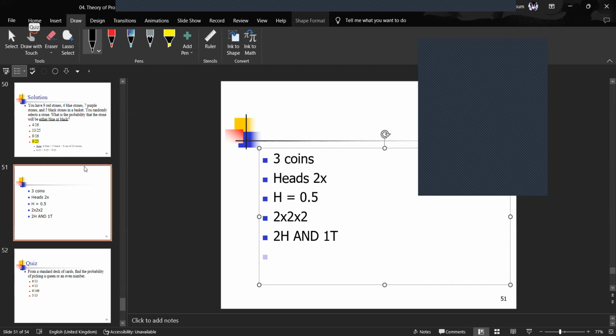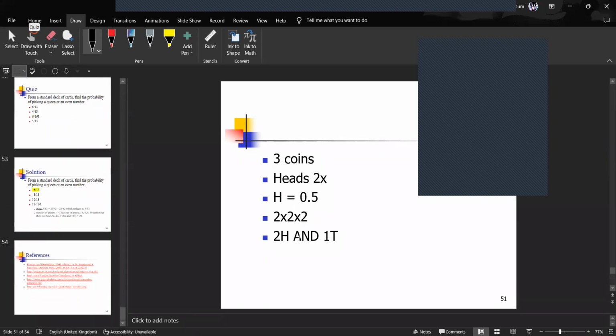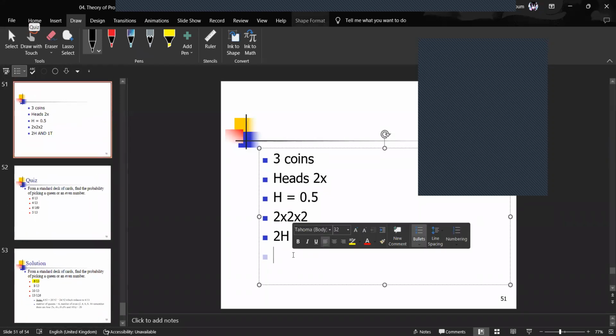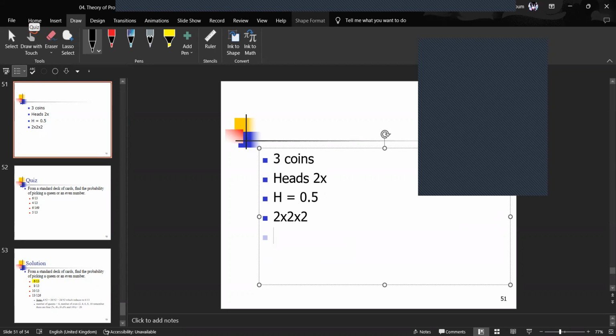And again, these are mutually exclusive events. And so there are 3 possible outcomes that can give us 2 heads and 1 tail, right? Either it's heads, heads, tails, or heads, tails, heads, or tails, heads, heads. Those are the 3 possible outcomes where we get exactly 2.